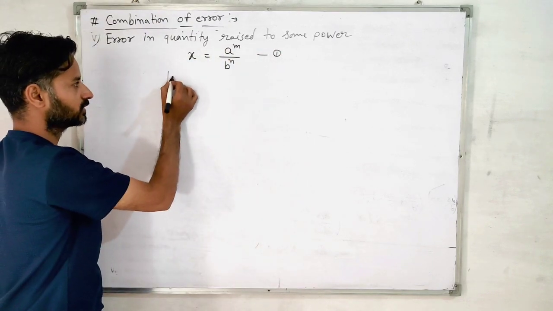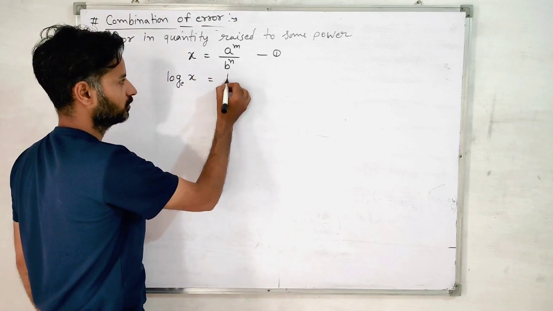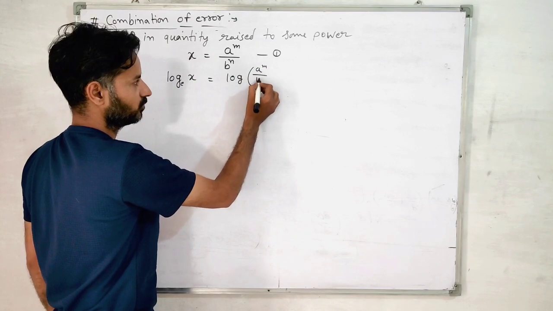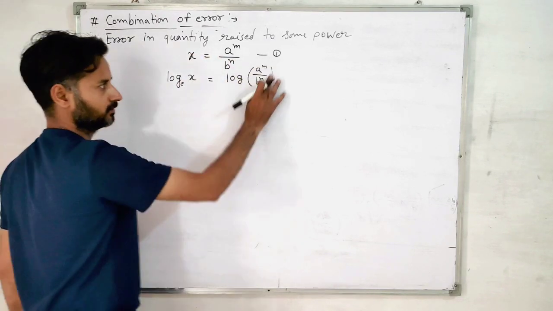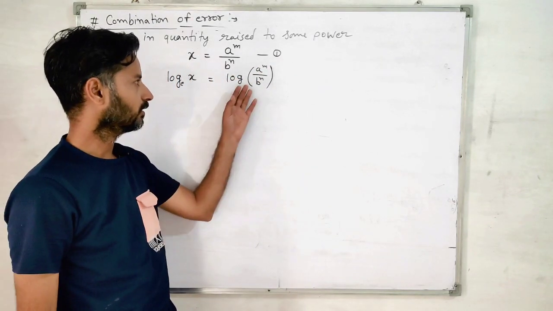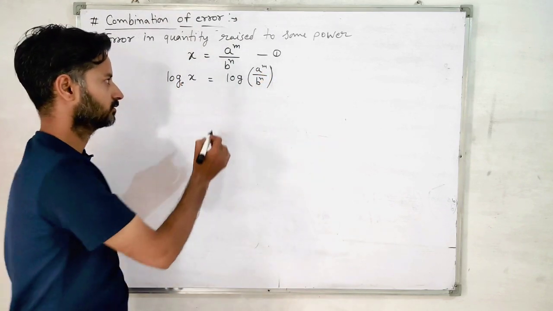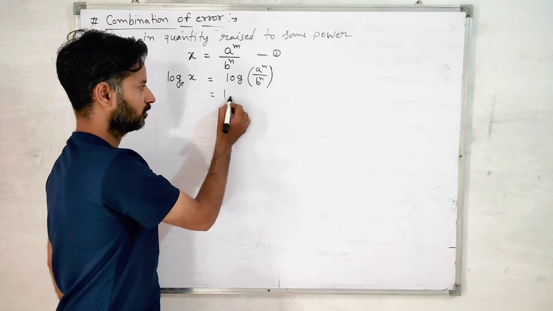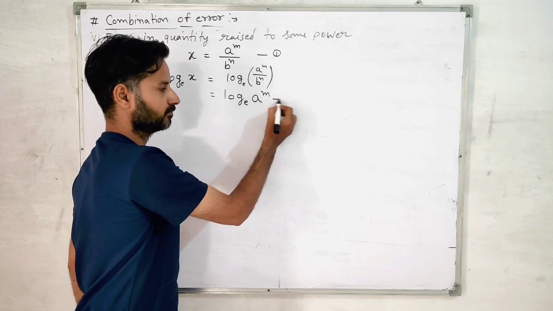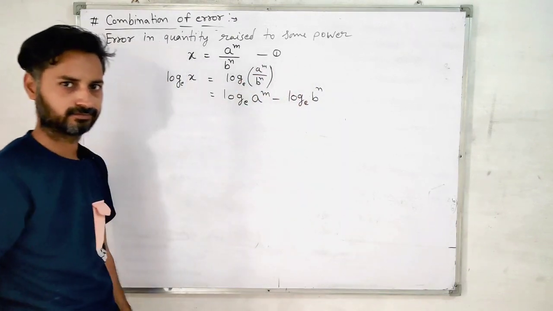If we take log on both sides, then we get log x is equal to log of a to the power m divided by b to the power n. In log, we have the formula log a divided by b equals log a minus log b. So we can write this as log a to the power m minus log b to the power n.